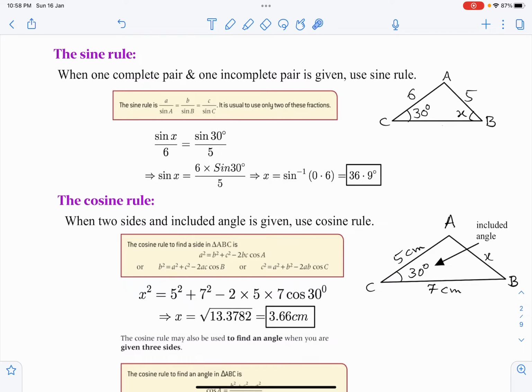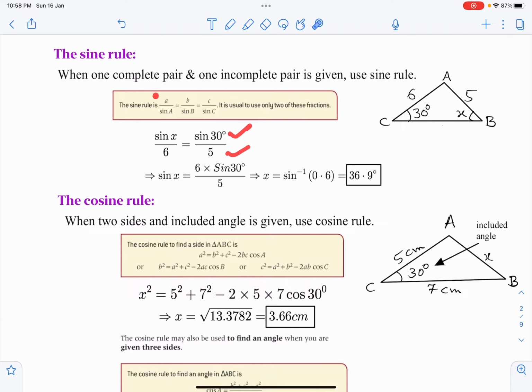Now in this triangle, one complete pair is angle C and side c, and the incomplete pair is angle x and side 6. So sine x upon 6, because in front of x is the side 6, is equal to sine 30 over 5.